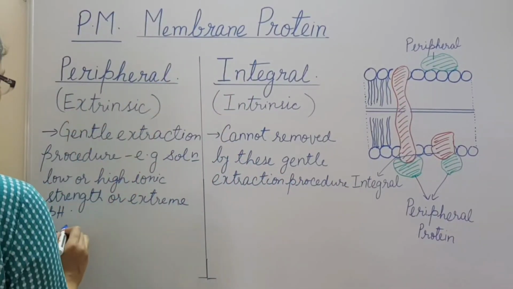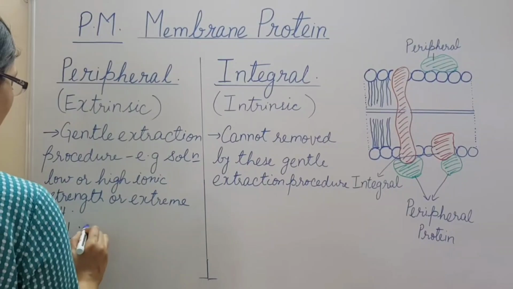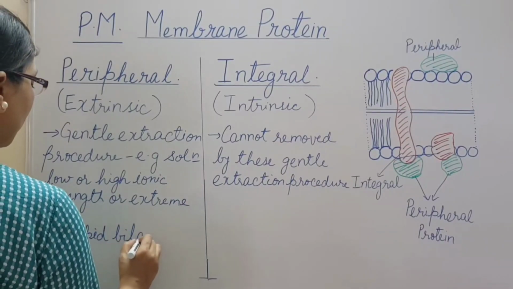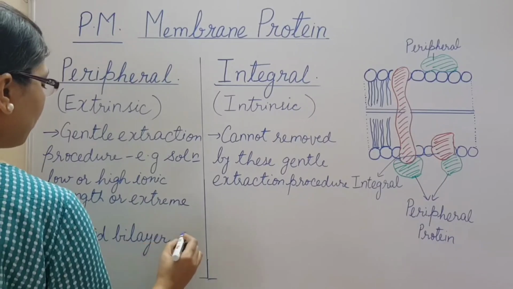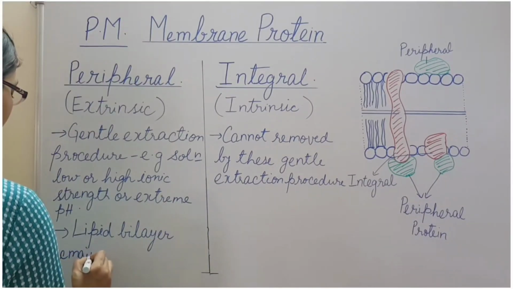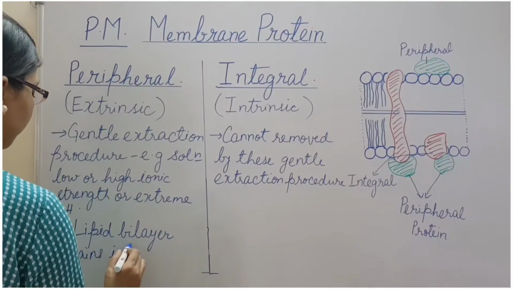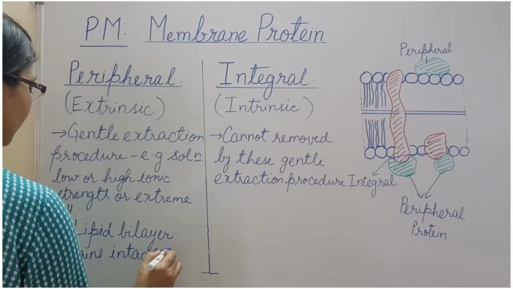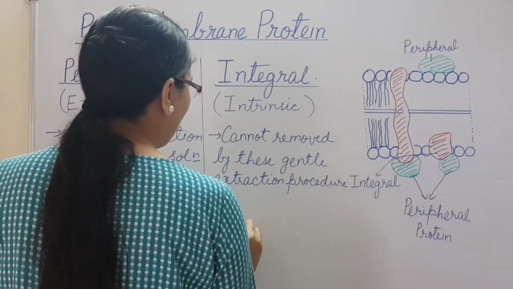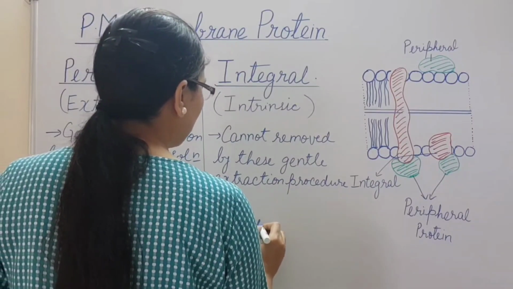When we remove peripheral protein, the lipid bilayer remains intact. But when integral protein is removed, the lipid bilayer is disrupted.